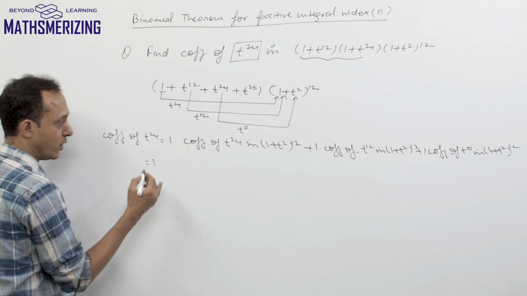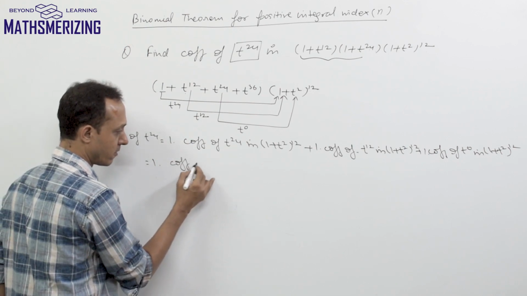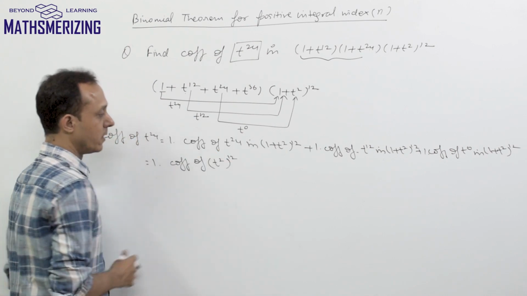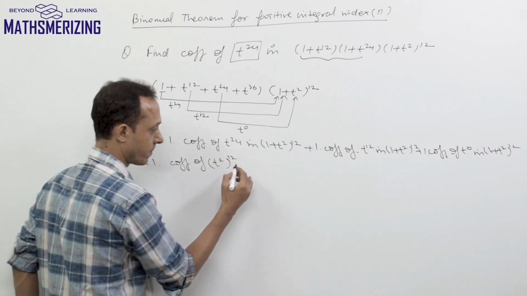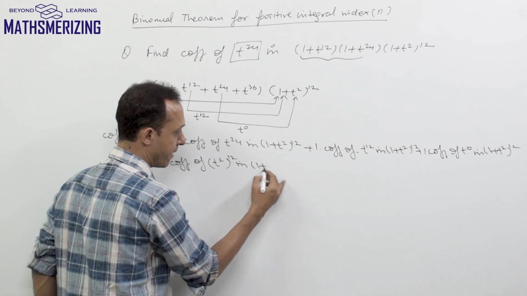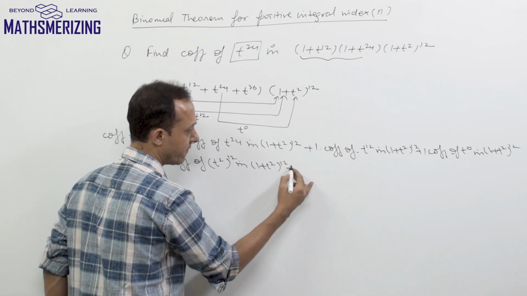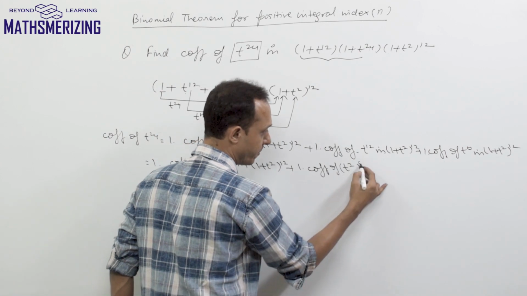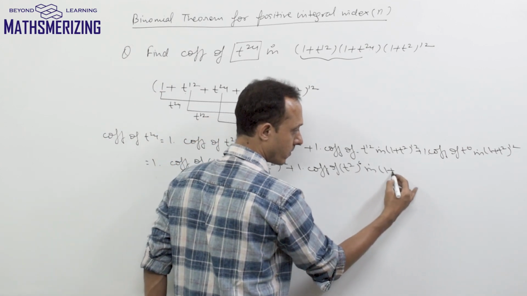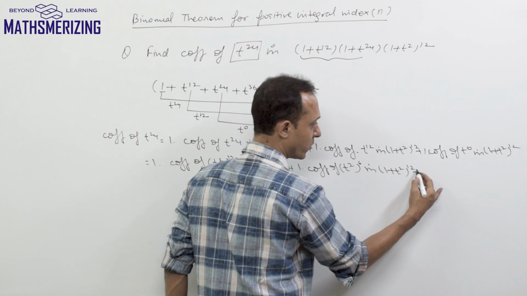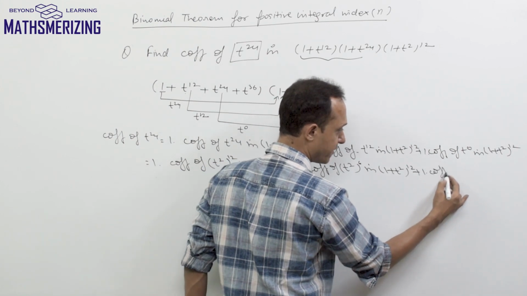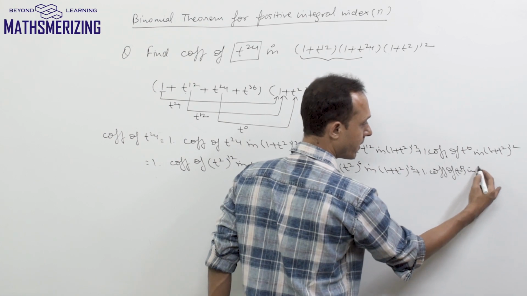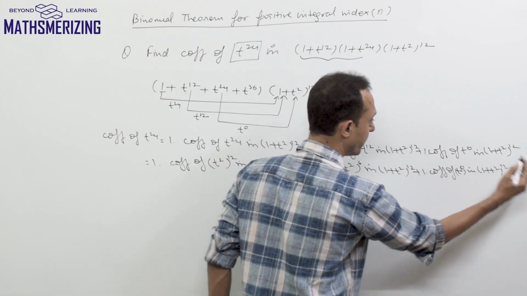So this is 1 into the coefficient of, I can write t to the power 24 as (t squared) to the power 12, in (1 plus t squared) to the power 12, 1 into the coefficient of (t squared) to the power 6 in (1 plus t squared) to the power 12, and then 1 into the coefficient of t to the power 0, (t squared) to the power 0, in (1 plus t squared) to the power 12.